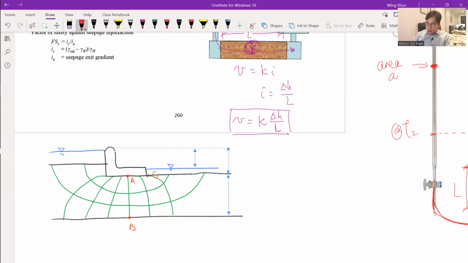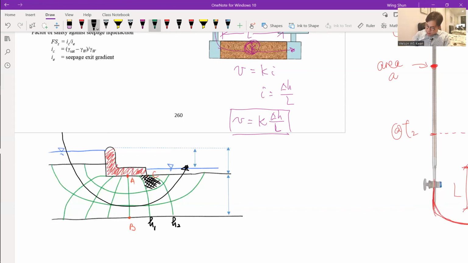So when you have a geostructure right there, for example, this simple dam that I just quickly drew, with a simple flow net underneath it, you can expect the water to pass from the upstream to the downstream, and at this particular flow net grid, we can calculate the head difference. So this is an equal potential line. You can calculate the head difference, and then also the length right here.